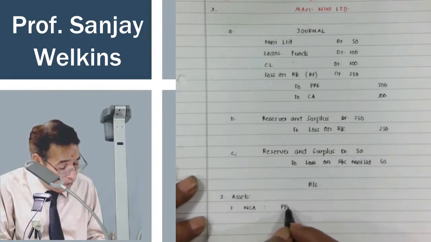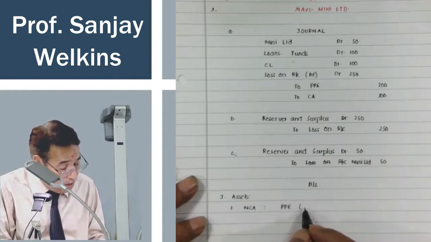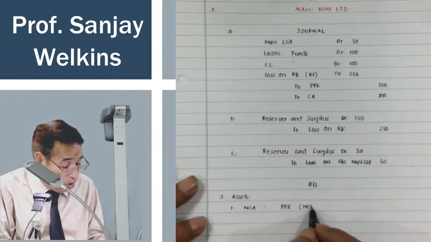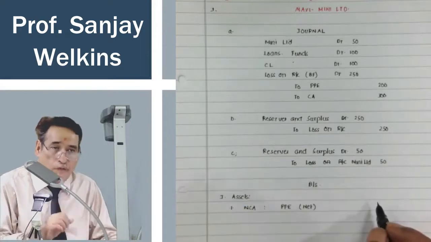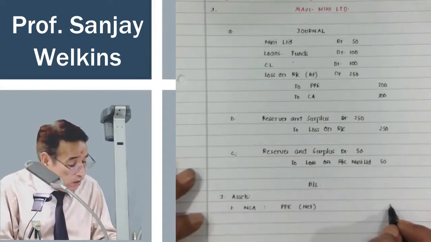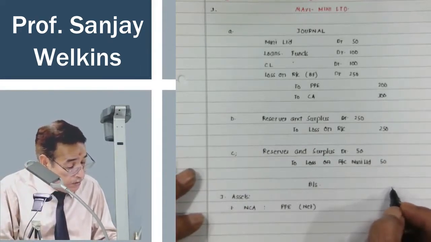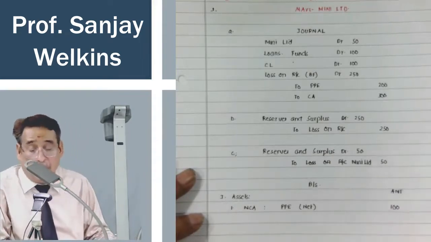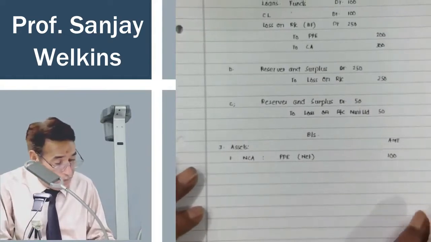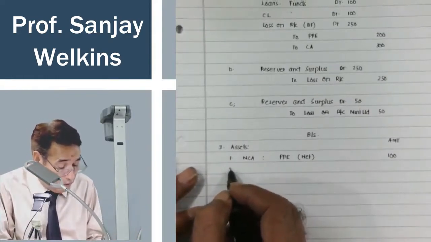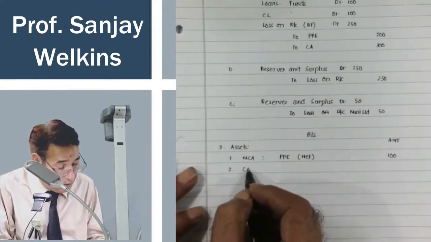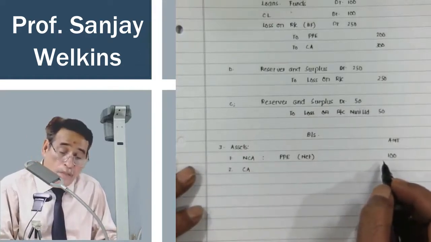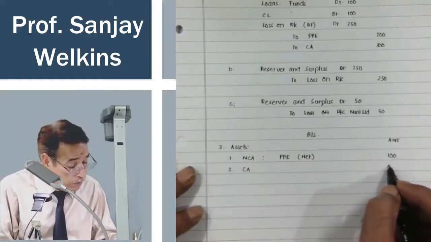Property, plant and equipment at the net figure of the division which is left with us, that is Maxi division. 100 is the written down value as you can look into the question. Second, current asset. Current asset of Maxi division is equal to 400.